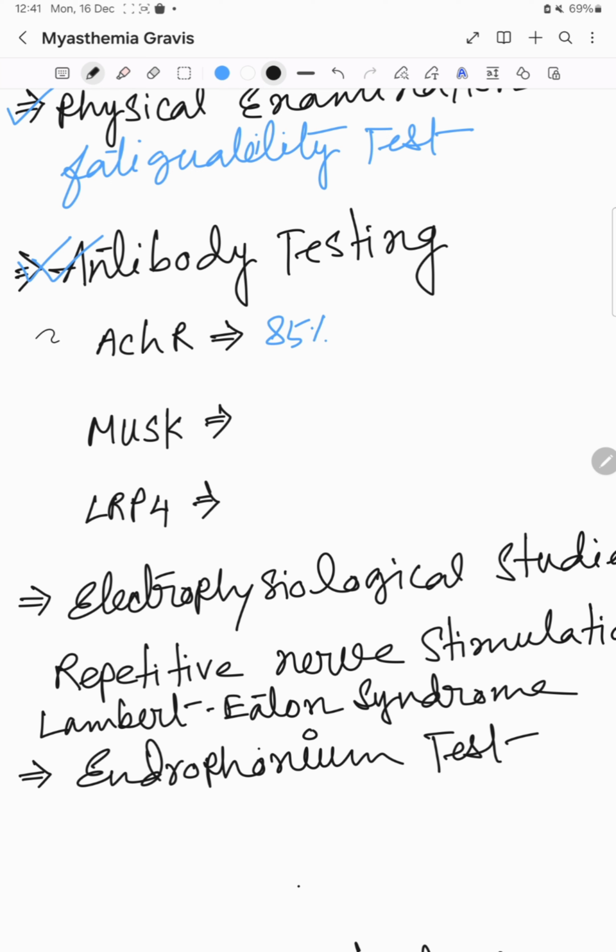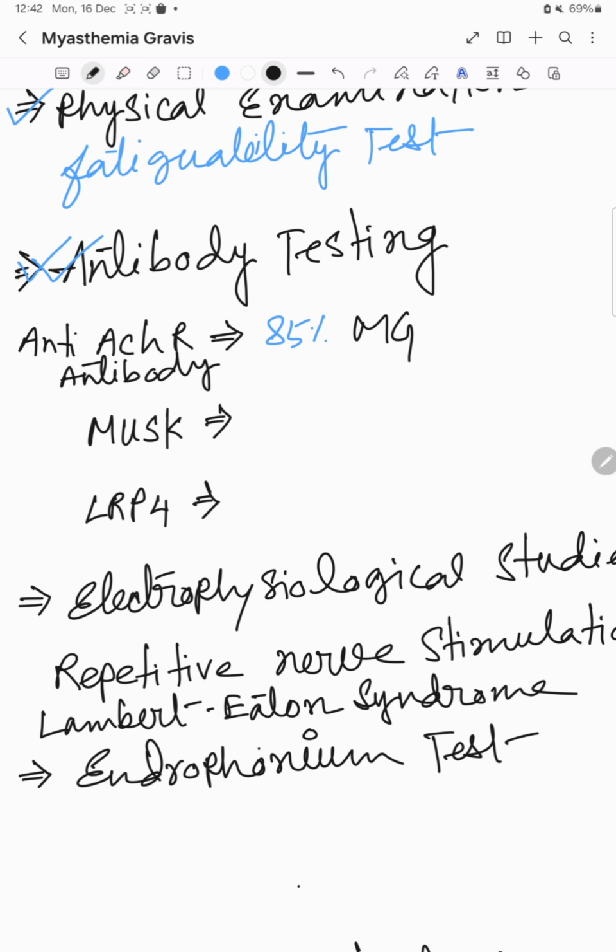And also low density lipoprotein receptor related protein 4, LRP4.